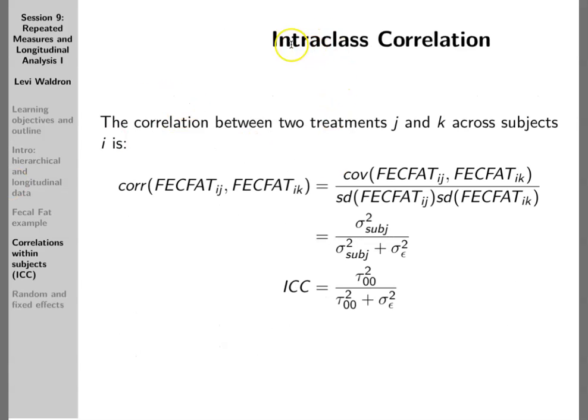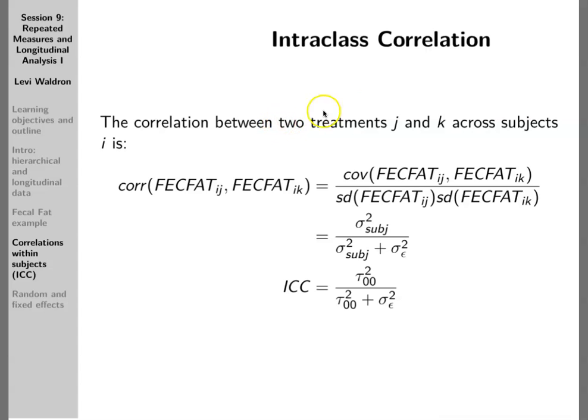So this correlation calculation that I've just walked you through actually has a name that you will hear anytime you are reading the literature on hierarchical data analysis, called intraclass correlation. And all it is, is the correlation between the random variables for two nested or hierarchical measurements.